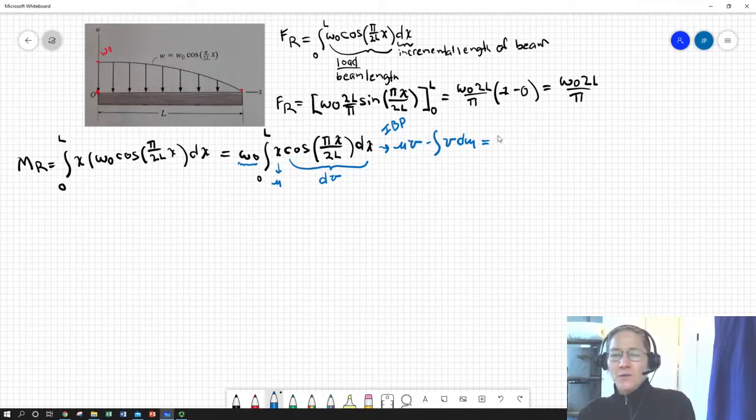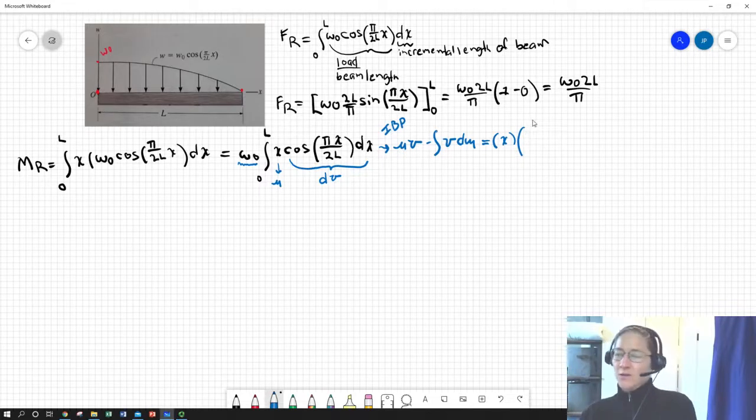So we've got a u, which is x, and then a v, which is the integral of this term. So cosine of pi x over 2L dx would be the term that I would take the derivative of with respect to x to get this.